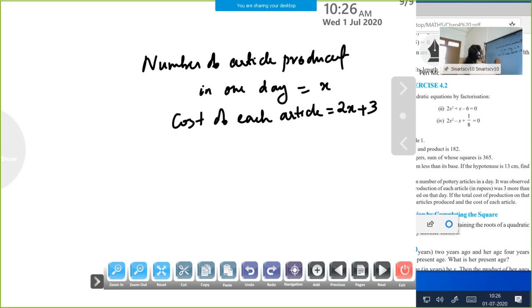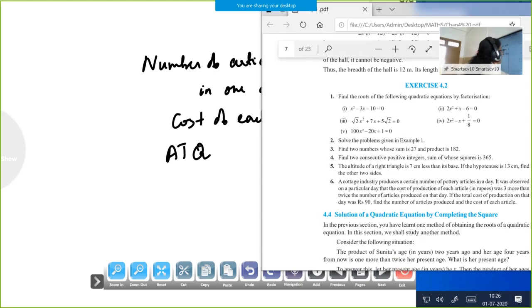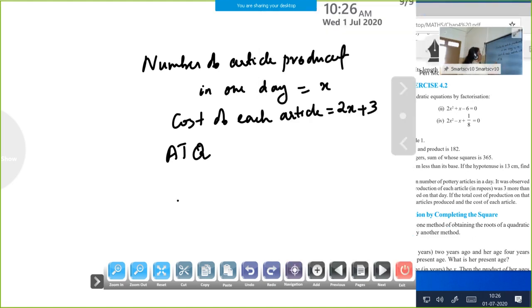Then according to our question, the cost of production on a particular day is rupees 90. That means the cost of production, x into 2x plus 3, is equal to 90. That is the given condition.